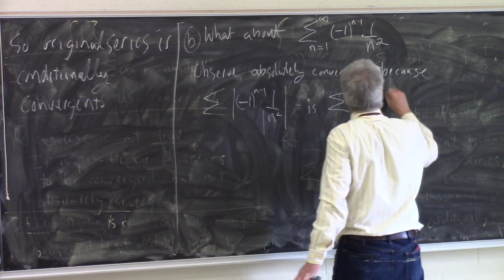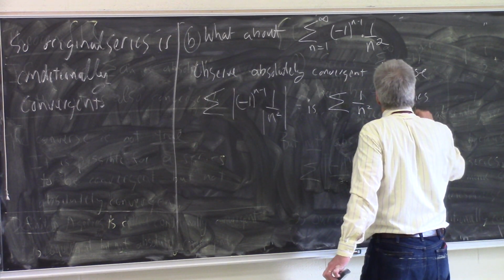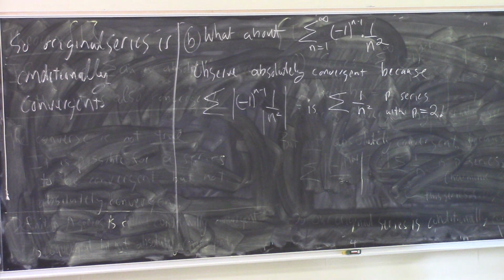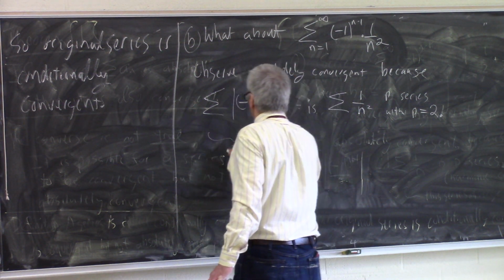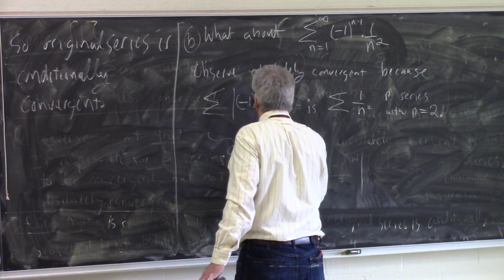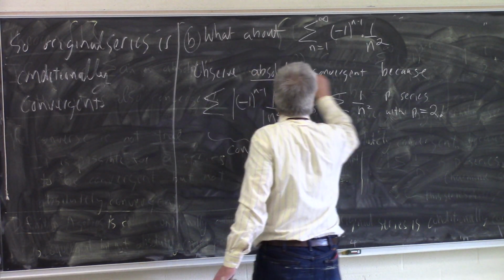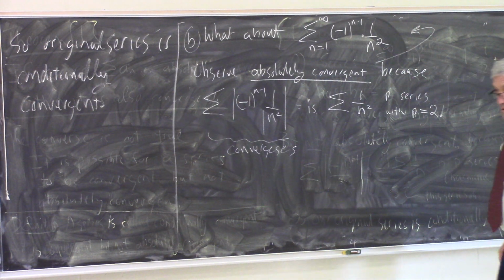That's a p series with p equals 2. So this converges. So the original series is what we call absolutely convergent.